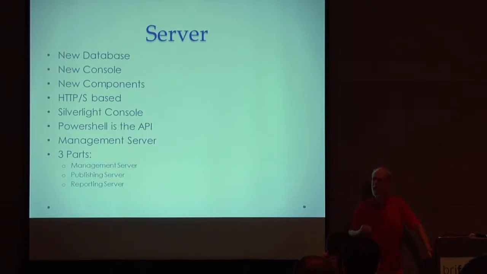So where the client in the past would actually talk to the management server itself to bring things down, now it's actually a separate publishing server, and we can have multiples of those, and they've solved the site problem that we used to have in the past. Now, I'll have a diagram here in just a second. The reporting server is a separate server where clients report usage information back in.